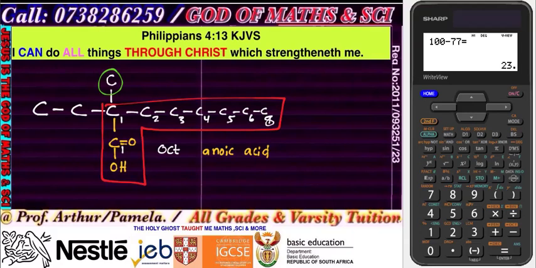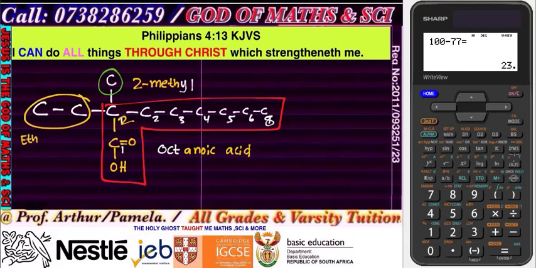Now, let's look at the branch. Remember, this is location number 2. So it's going to be 2 dash meth, yl, methyl. And then also here, we've got a branch. It's eth, yl, ethyl, and the location is also number 2. Then we start with the branches. We put them in alphabetical order.